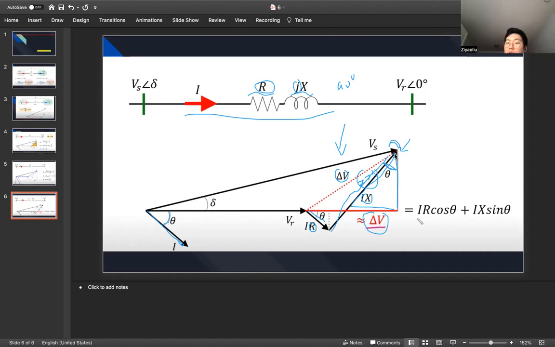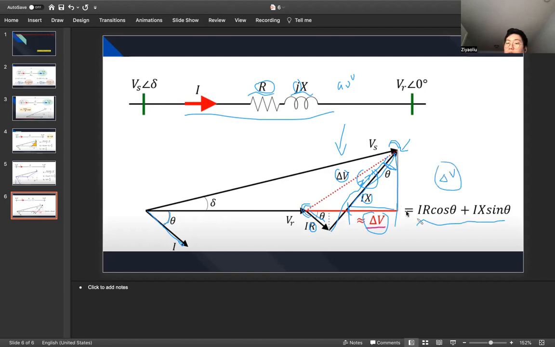IjX is the cosine part here, right? But here is this line too. It's sine theta, right? IjX sine theta is this length. And here, what is that? Here is cosine theta, you can see. So IR cosine theta is here. That's why this is almost the same.